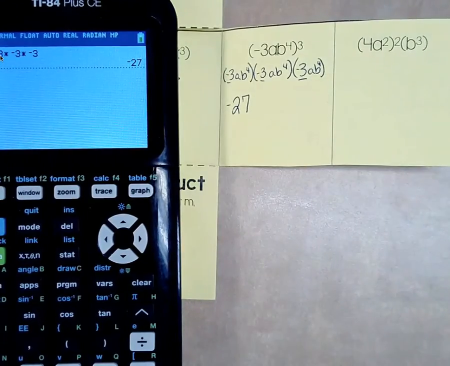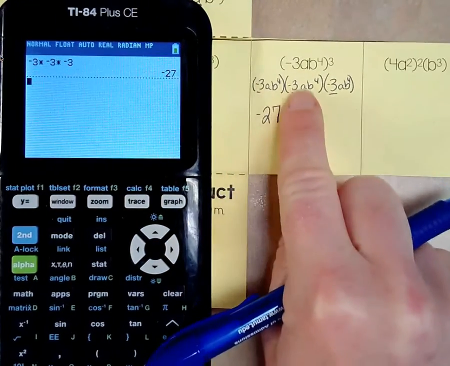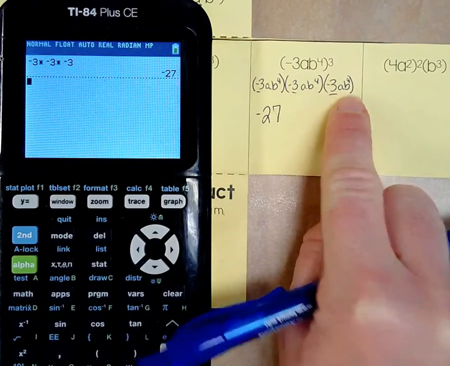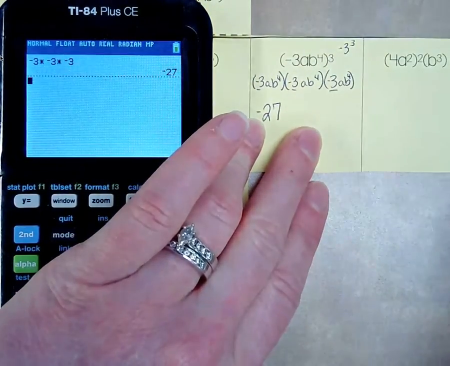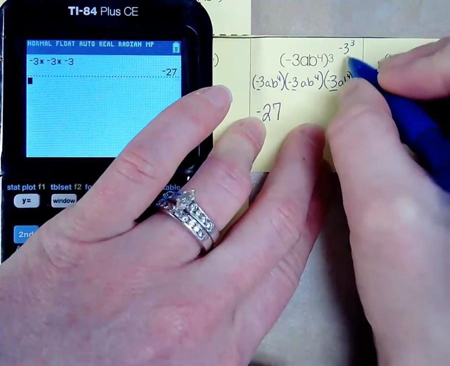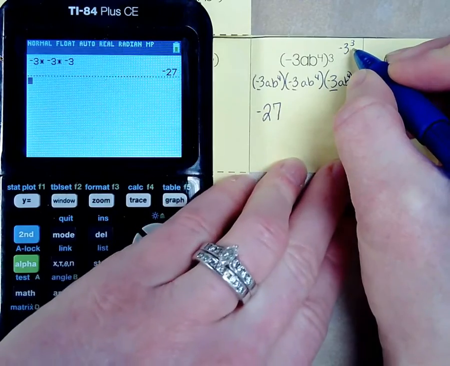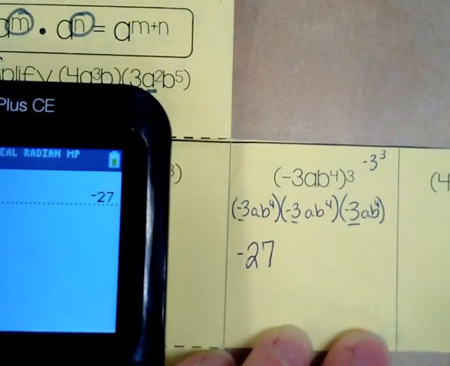Okay, something you got to be careful of. If I'm saying negative 3, there are 3 negative 3s. That means it's negative 3 to the 3rd power. But something you got to be aware of is that it's all of negative 3 that's being raised to the 3rd power. Whenever I don't have parentheses around it, it changes the meaning.